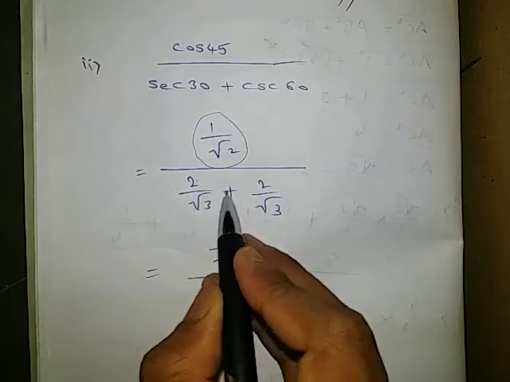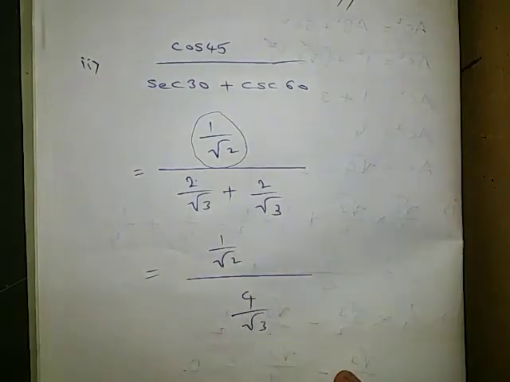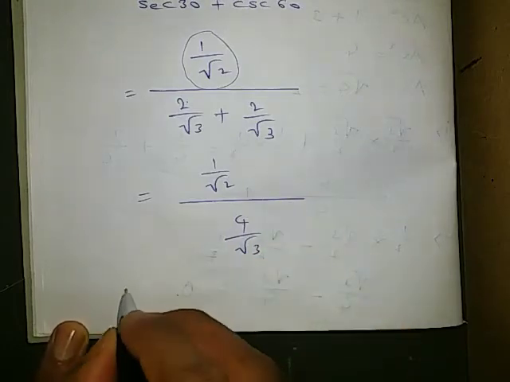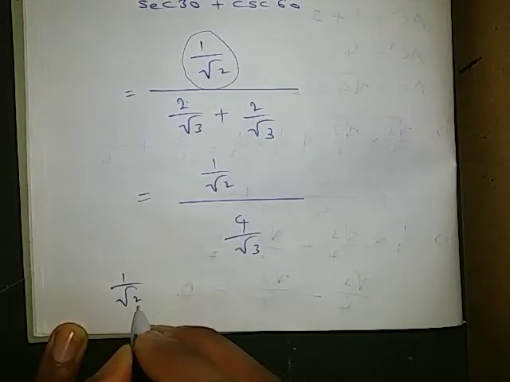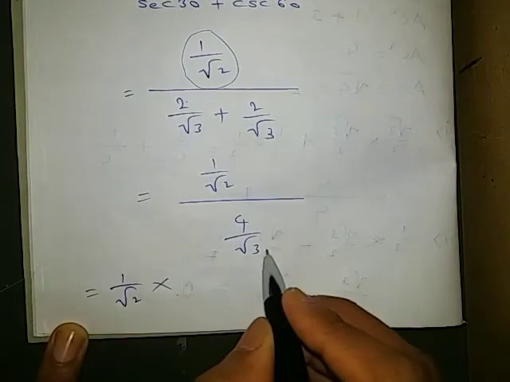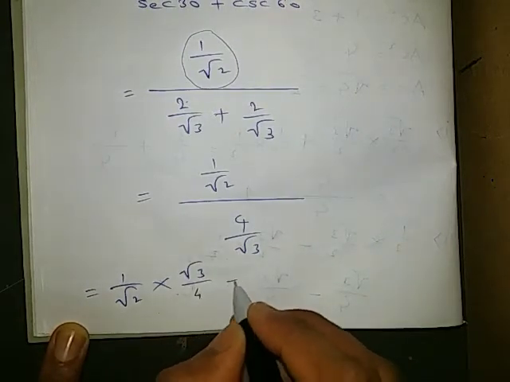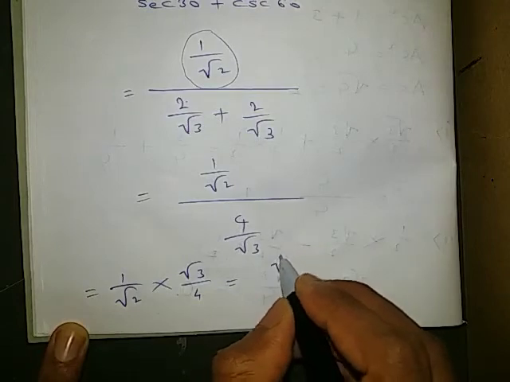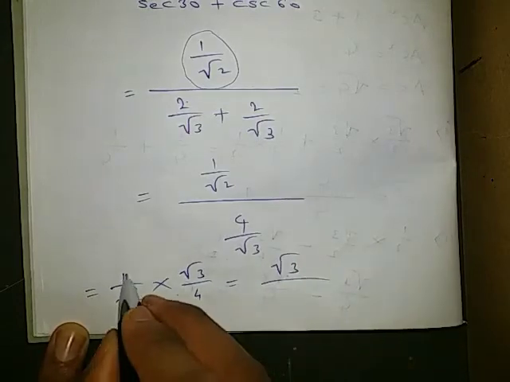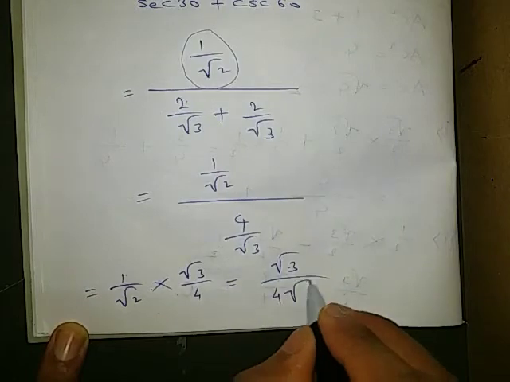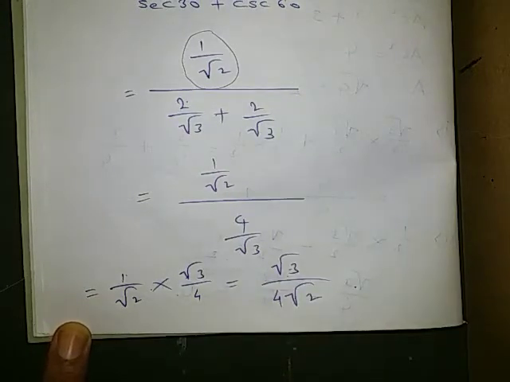I will add the numerators, 2 plus 2 is 4. So we got 1 by root 2 whole divided by 4 by root 3. Now I will write the numerator as it is, 1 by root 2, into the denominator's reciprocal, that is root 3 by 4. So we get the final value as 1 into root 3, root 3 by root 2 into 4, that is 4 times root 2.